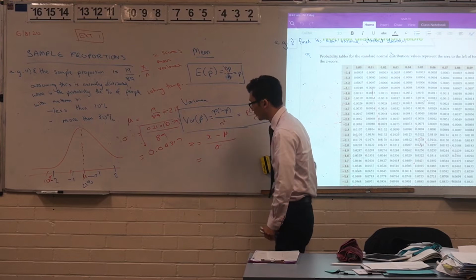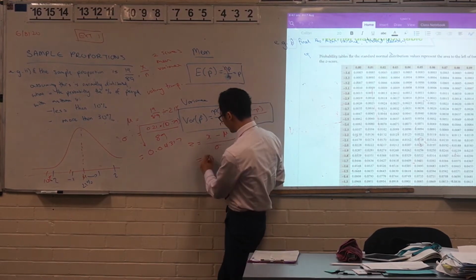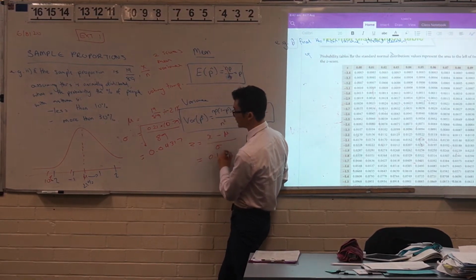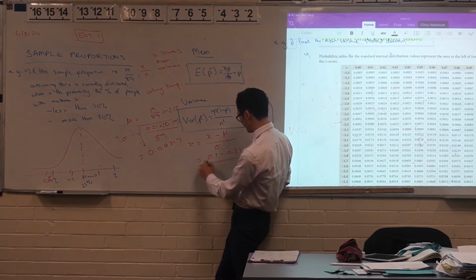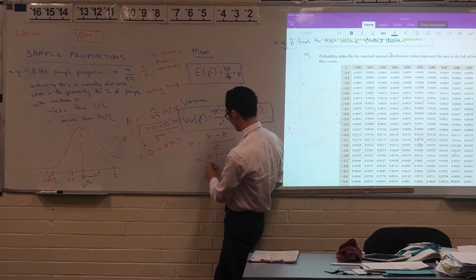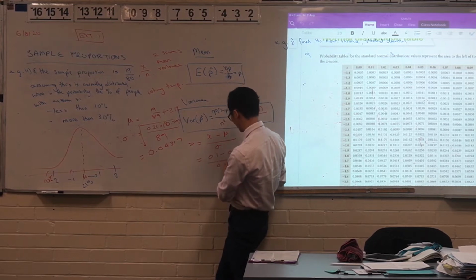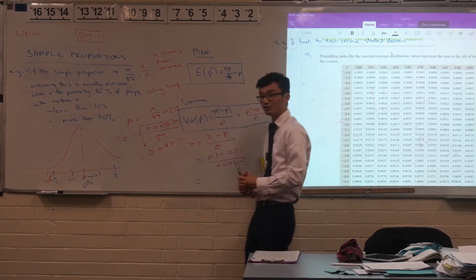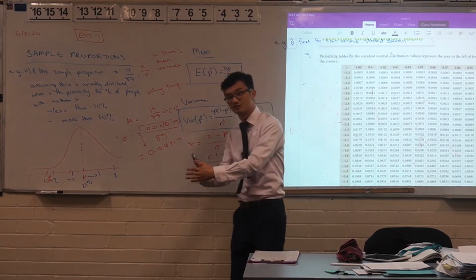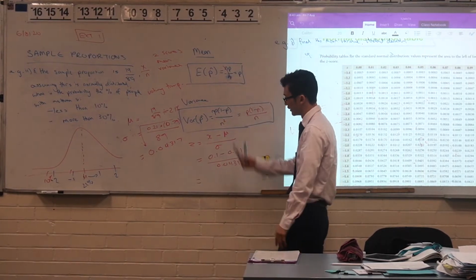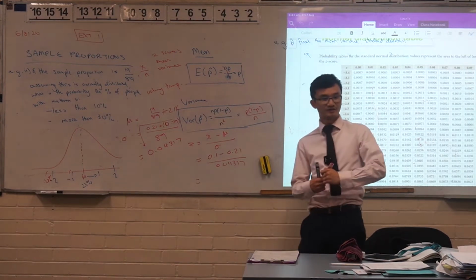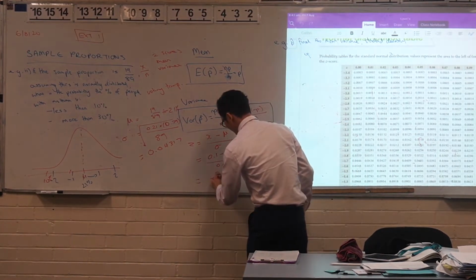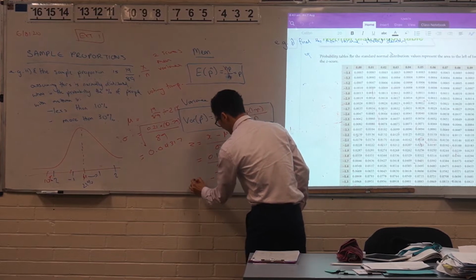So it's 0.1 minus mu, minus 0.21, divided by the standard deviation, which was 0.04317. That's going to give us a z-score, because that's how many standard deviations away it is. It's probably going to be a negative number as well because we're going to the left side. What did you get? Negative 2.548. So negative 2.55, we'll round there.